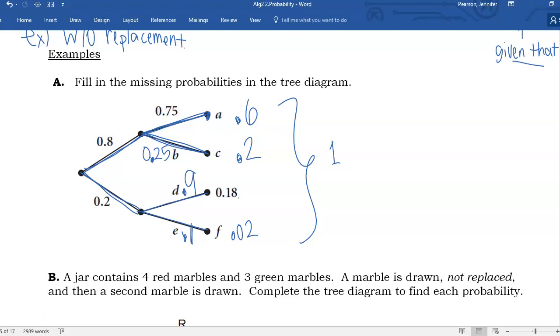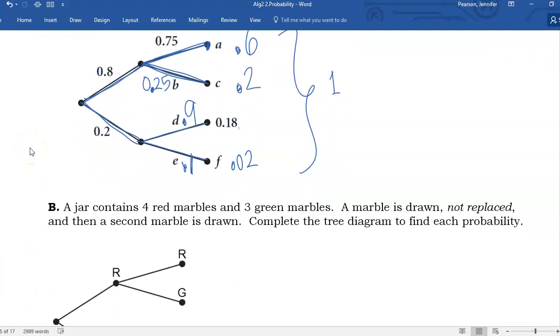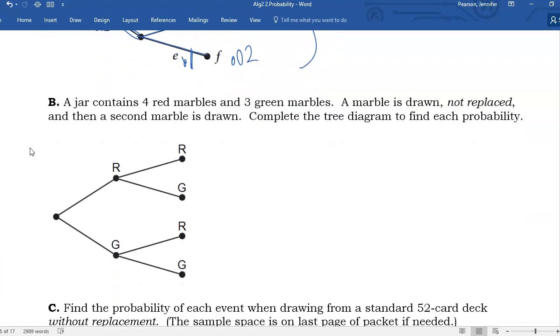Letter B. A jar contains 4 red marbles and 3 green marbles. A marble is drawn, not replaced, and then a second marble is drawn. Let's find each probability. Okay, so we have 4 reds and 3 greens. So the probability of drawing a red would be 4 out of the total. 4 plus 3 is 7.